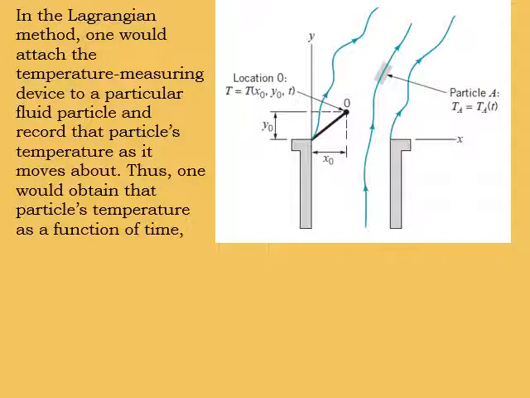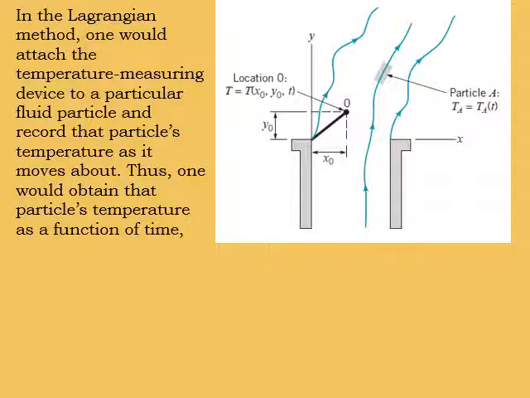Once again, this is a function of time. Here the temperature measuring device is attached to a particular fluid particle and records that particle's temperature as it moves about. Thus one would obtain that particle's temperature as a function of time.